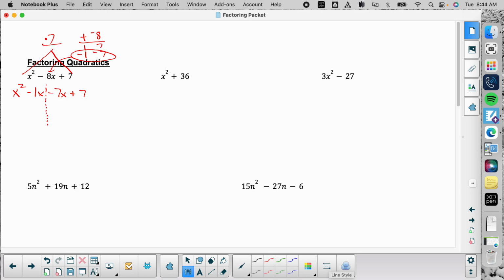So it's x. On each half, the first half has an x. And then if we take an x out, this would be 1x minus 1. How about the second half? 7. Sort of. One extra detail. The first number is negative, so we have to take out a negative. Good. Very good. So x minus 1.